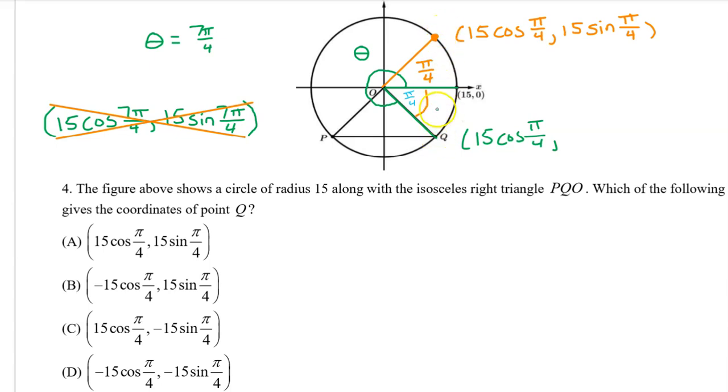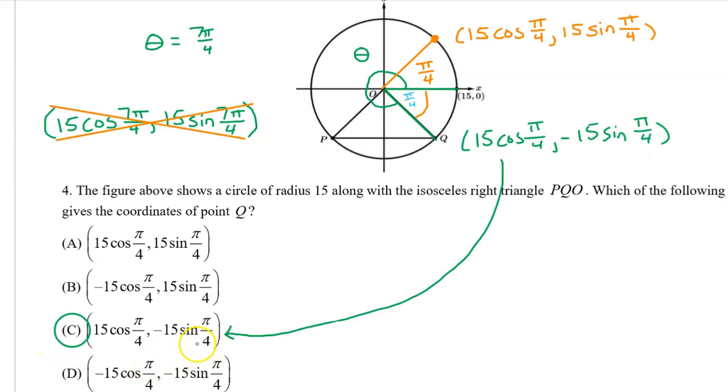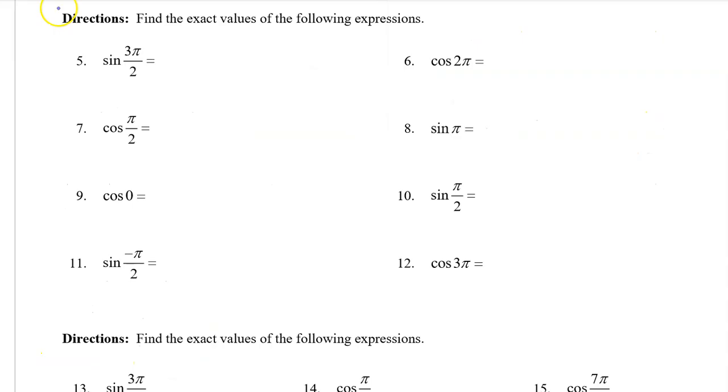However, these 2 points will have opposite y values. One is positive and the other is negative. So the y coordinate of Q will be negative 15 sine pi over 4. That's why the answer is C.